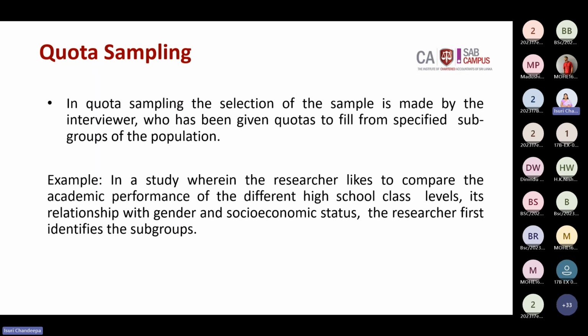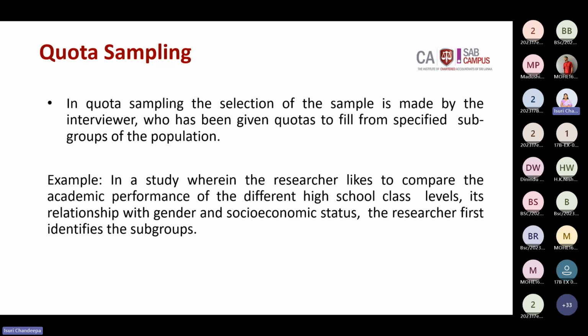Gender-wise and socio-economic status-wise, you have to make the subgroups. Then for each subgroup, you need to fill a specific number of sample units. So it is called quota sampling.